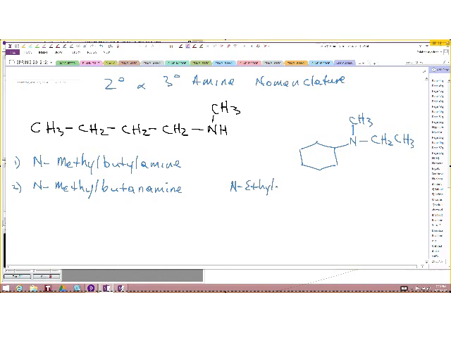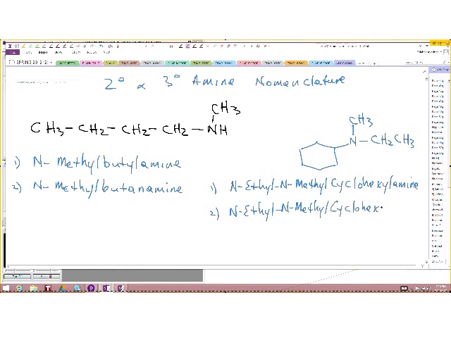Okay, notice you have a hyphen between the nitrogen and the alkyl name, N-methyl, and then you give the base name, cyclohexylamine. Or if you want to use the second type of nomenclature, you say N-ethyl, N-methyl, cyclohexane amine. Okay.